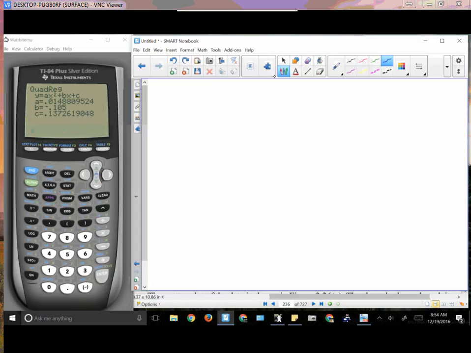So this would be set up as y is equal to, and of course you should always write this down anyway. 0.0149, 3 significant digits, x squared, and then let's see, then this is going to be minus 0.105x plus 0.1372.